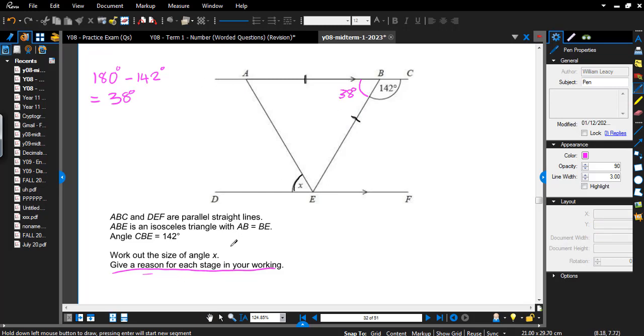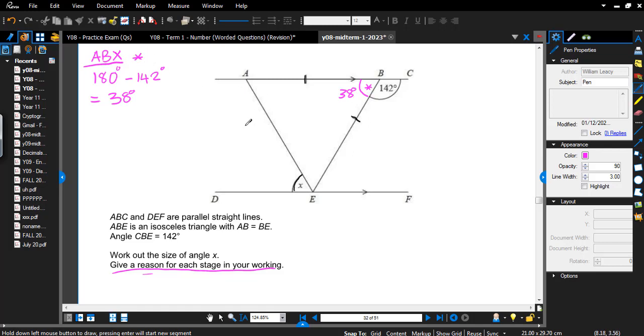Now we have to write down a reason why. What angle is that? It's ABX, so you can just write down ABX. Just make sure the person knows what you're talking about. You could put a little star here, and instead of ABX you could just write star.